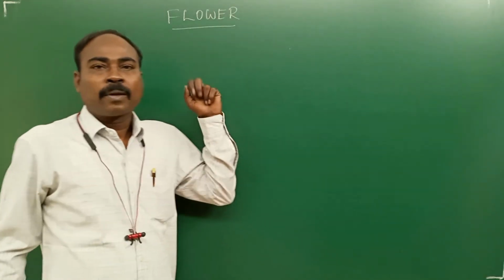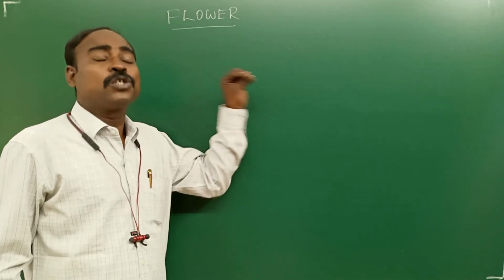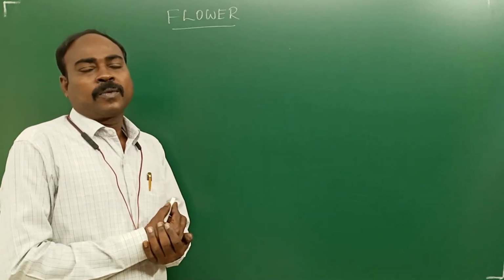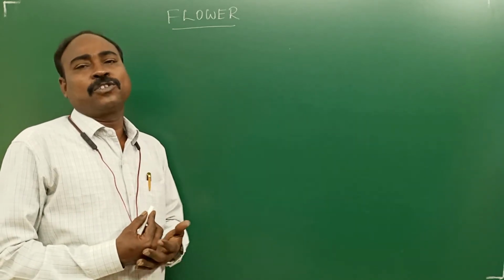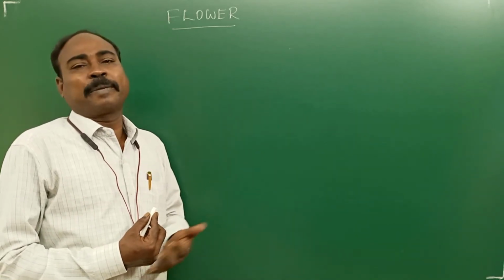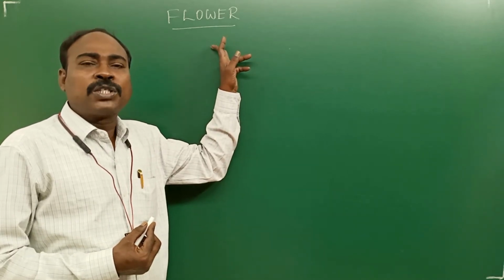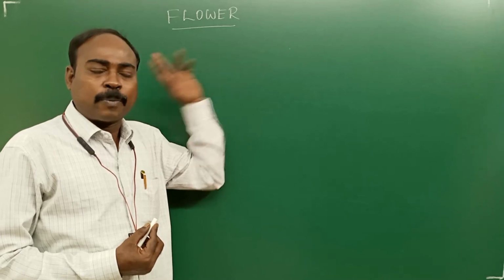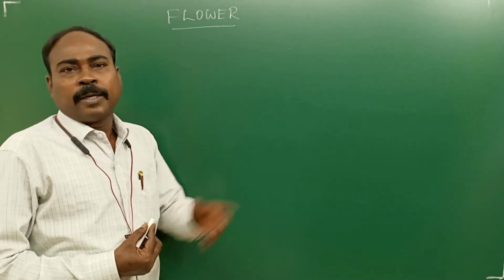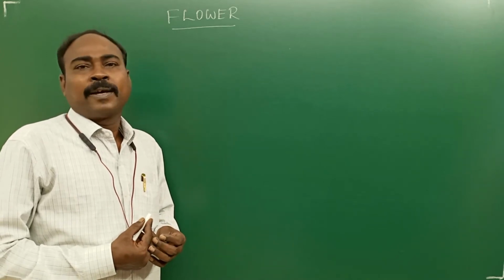Flower is the reproductive unit in angiospermic plants. That is, in the higher plants, flowering plants or angiospermic plants, the flower is a morphological unit which is meant for sexual reproduction, which involves in the reproduction process.